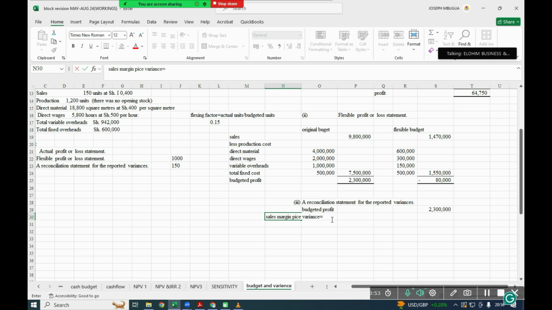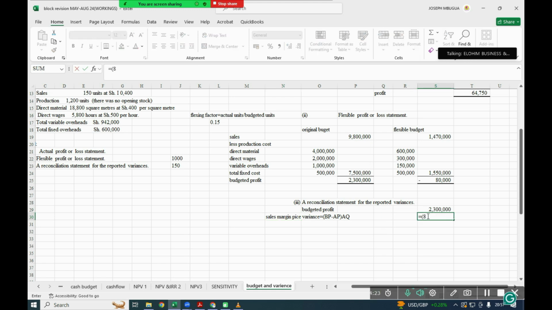Remember, we said we take either way the budgeted price minus the actual price, and you multiply by the actual quantity. So the budgeted price, what we had budgeted to sell one unit, minus the actual selling price, and the number of units that we sold. That one will give us that variance.